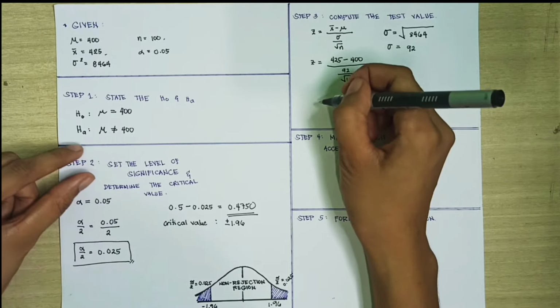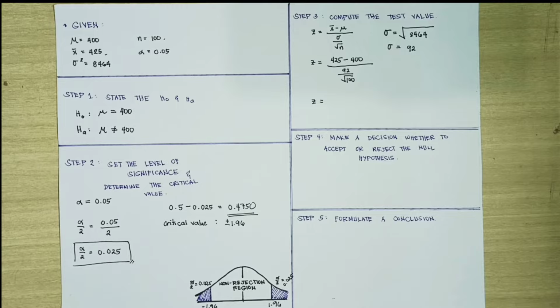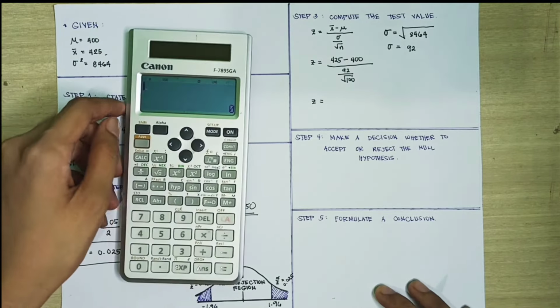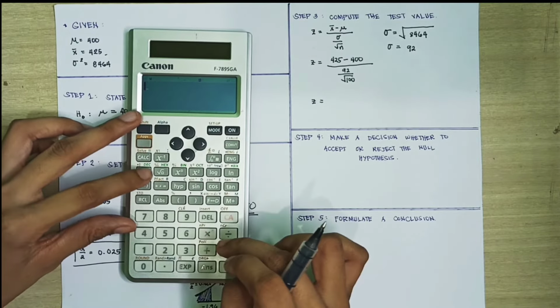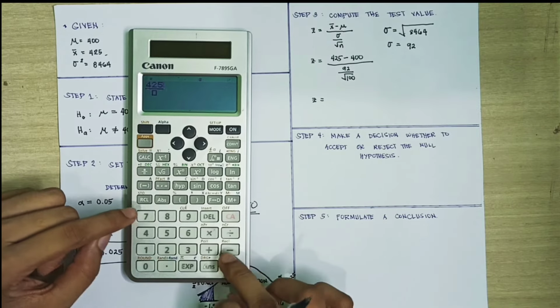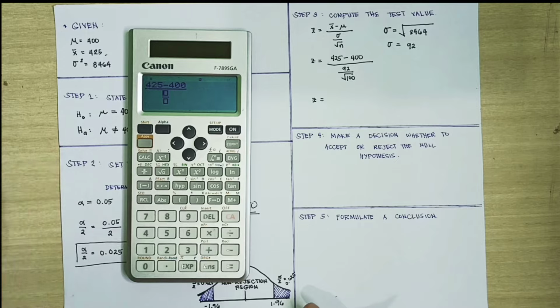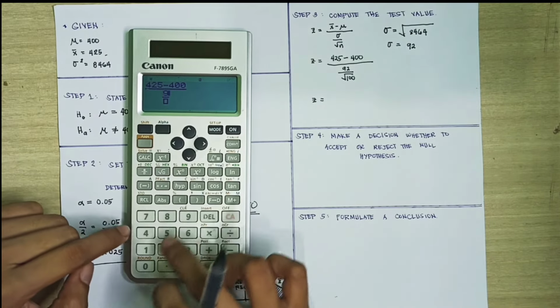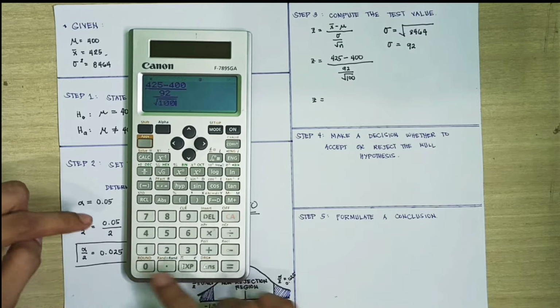Okay, so pwede tayong mag-direct na sa calcu. Okay, so kung sakaling magmamano-mano kayo, pag nasa process, bawal pong mag-round off. Ayan. So, meron tayong 425 minus 400 over, ayan, 92, then over the square root of 100.